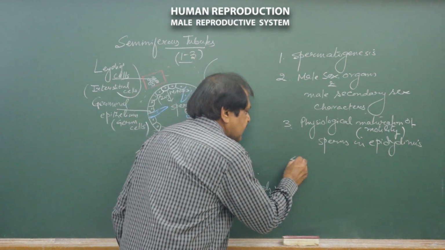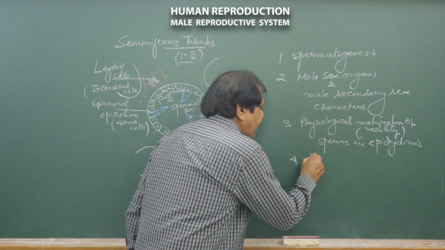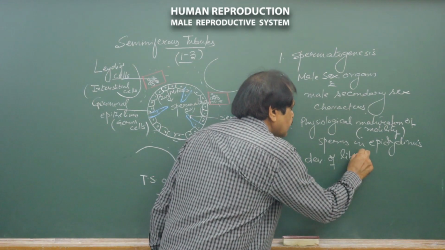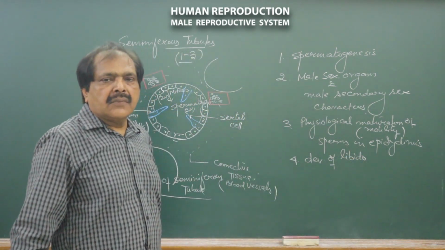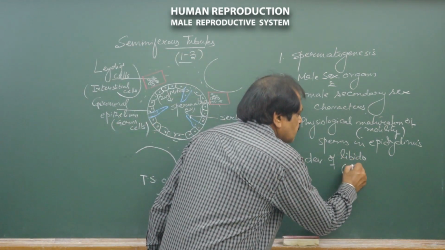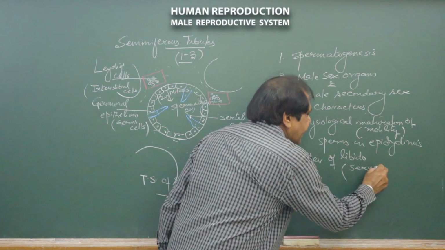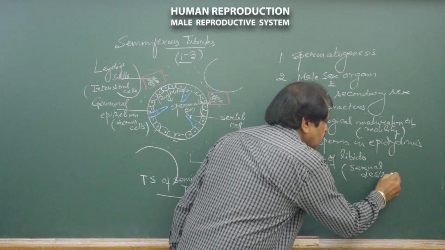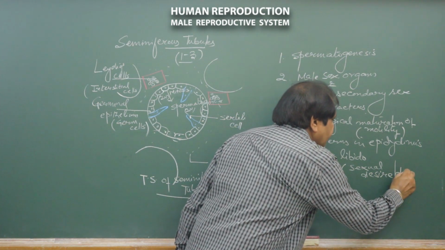And fourth is development of libido. Libido means sexual desire or sexual drive.